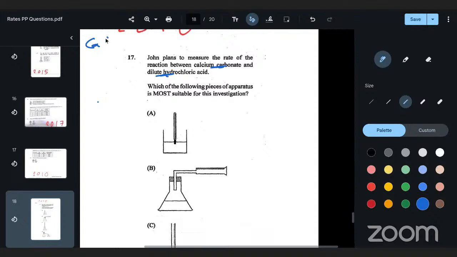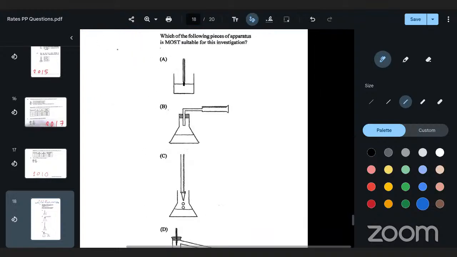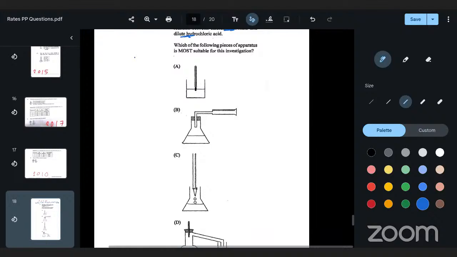Calcium carbonate plus hydrochloric acid will give calcium chloride, water, and carbon dioxide. So we can collect the gas and measure how quickly it is produced. Which of these can you use to collect the gas? B, sir. Right.